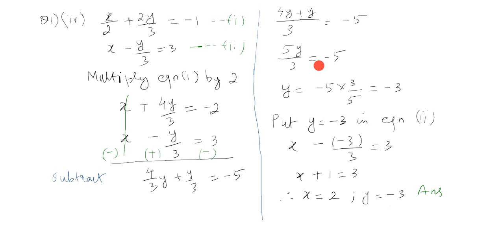Acha, you want that instead of writing like this, here itself we'll write 5 by 3 y is equal to minus 5. That means this step should have been written here directly. You are saying like that.